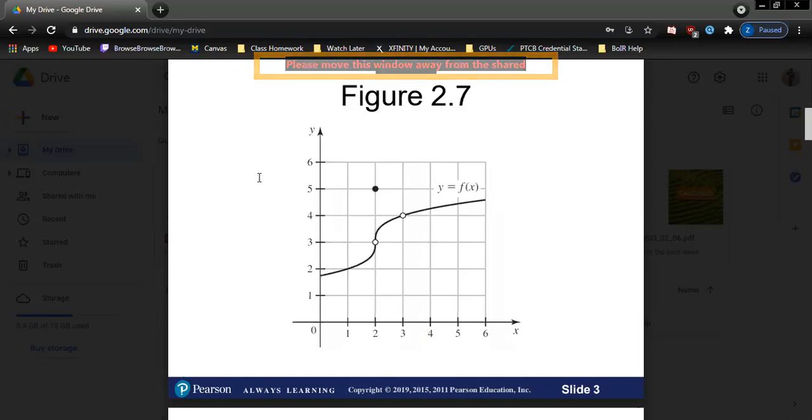So we say the domain of this function is all real numbers. That means for any value of x, the function could be defined.